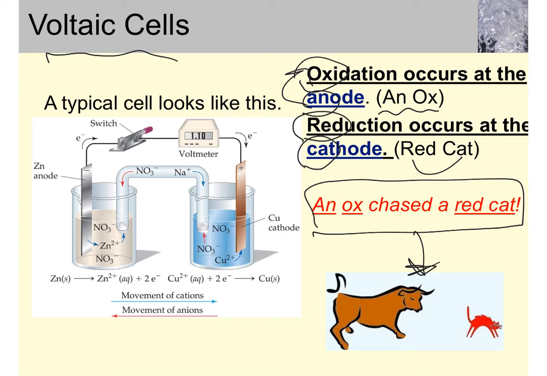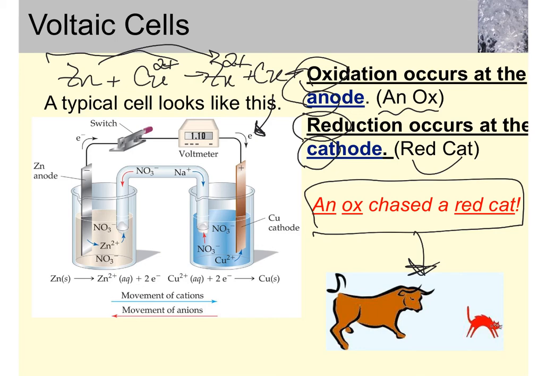So let's look at an example. That always helps, right? Say we have a redox reaction between zinc metal and copper cation, and they're essentially going to switch places. That's what's going on in this electrochemical cell. The zinc is being oxidized, right? It's losing electrons. So the zinc is in the oxidation half cell because it's losing electrons, and oxidation happens at the anode, and so zinc is the anode.